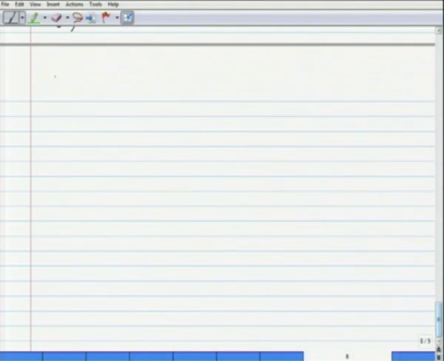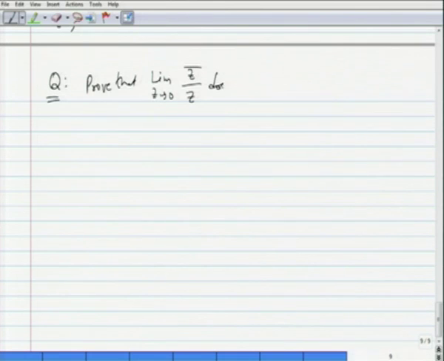So, the next question is as follows. Prove that the limit as z goes to 0 of z bar by z does not exist. And then that is 1, 2.